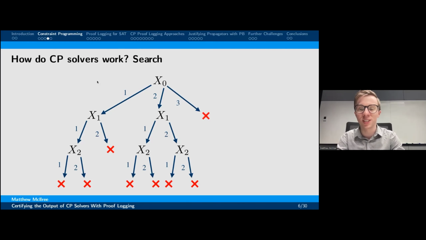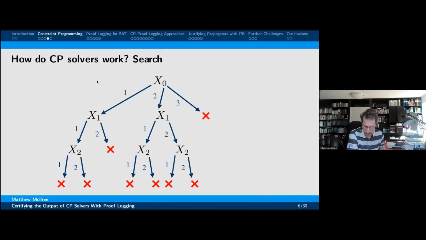There are basically as many different combinations of different levels of consistency that you can enforce on different subsets of constraints as you can possibly think of. But at least in the CP solvers that I've seen, it's mostly about enforcing either domain consistency or bounds consistency on a particular constraint, one at a time.